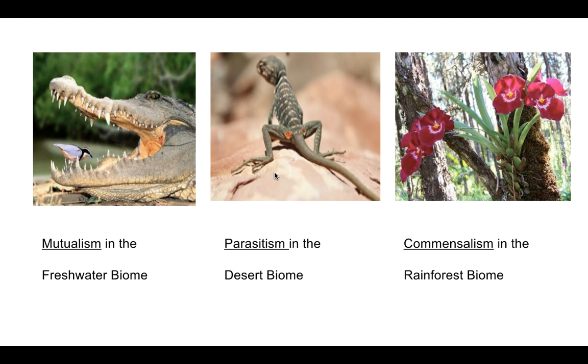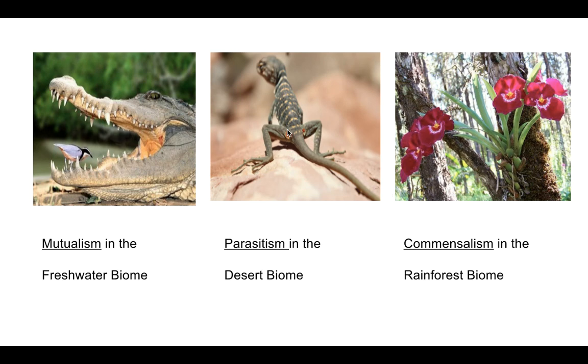Then we have parasitism in the desert. I'm not sure exactly what this one is. It looks like there's maybe some insects or something on the back of this that's leeching on to that lizard, probably causing it to be harmed a little bit.